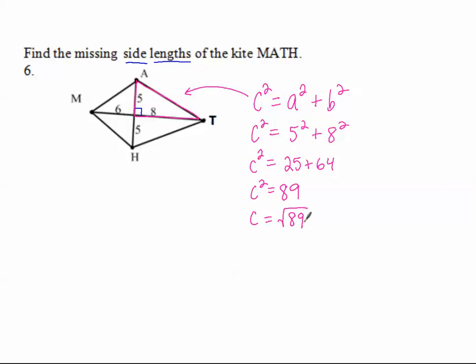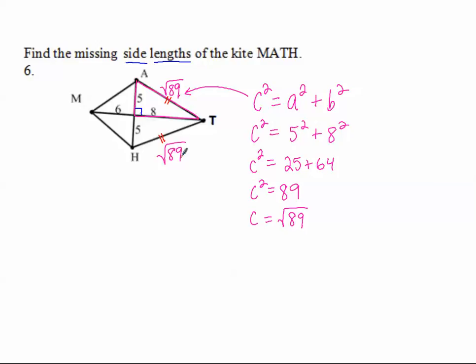Now we can take out our calculator or we can simplify it. 89 doesn't break down, so we leave it as square root of 89 unless the directions say to round it. Now remember, when it's a kite, two consecutive sides are congruent. This side must be congruent to the other side, so this side is also square root of 89.